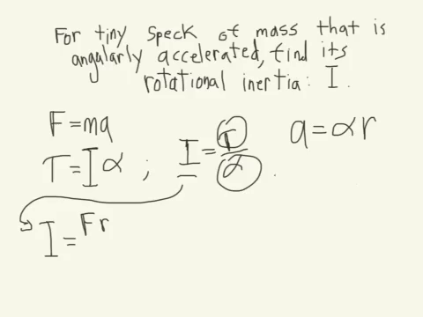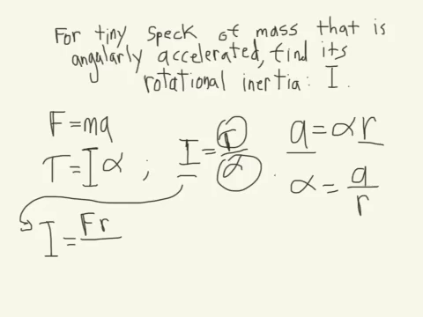And it's also true with acceleration. The farther from the center of a wheel an object is, the faster its linear tangential acceleration has to be. So it makes sense that linear acceleration and r are proportional. So if we put this expression in terms of alpha, we see that alpha is a over r.